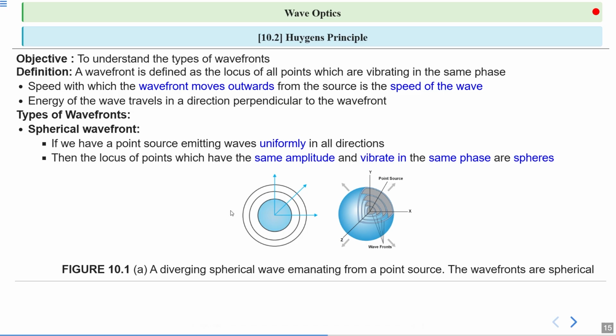So there is a point source, and wavefronts for this point source are in the form of concentric spheres. In 2D, it is being shown in the form of concentric circles. So figure 10.1, a diverging spherical wave emanating from a point source, the wavefronts are spherical.